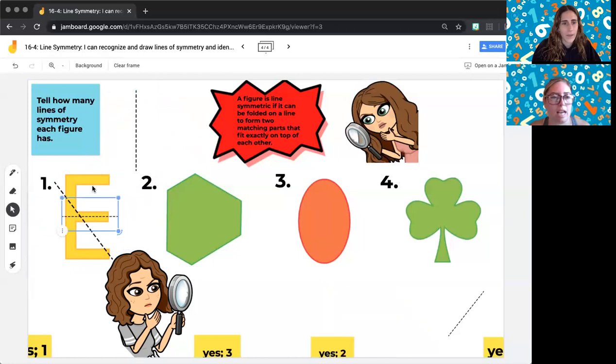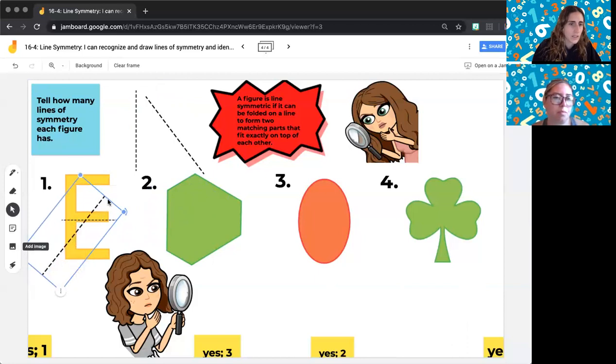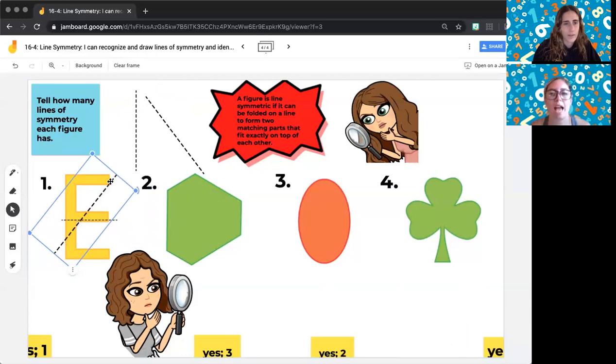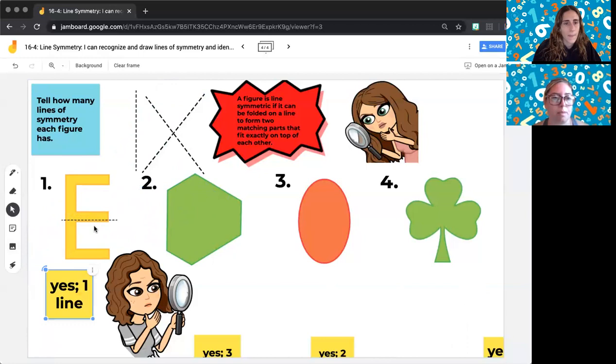So it's definitely not diagonal. Let's try the other diagonal. I think it's the same thing here. Yeah, because both sides are different on the angles, it's not going to be symmetric. So E does have a line of symmetry, but it only has one line of symmetry.